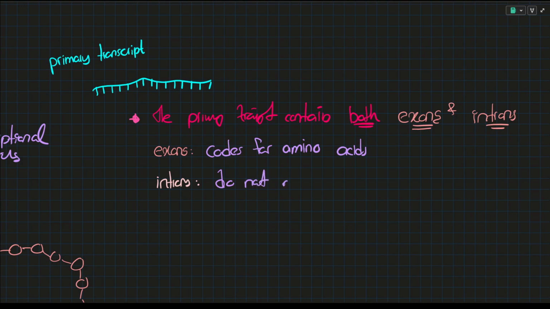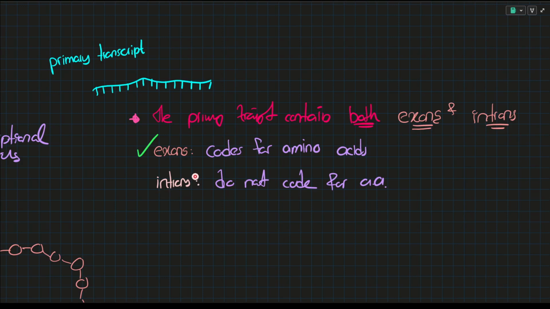Out of these two, what are the important ones? Do we need exons or do we need introns? We clearly need the exons. We don't want the introns. Now DNA is a very complex and very confusing guy. He has spaces, he has hyphens, he has dashes. Those things are also expressed as introns. We call those non-coding regions.